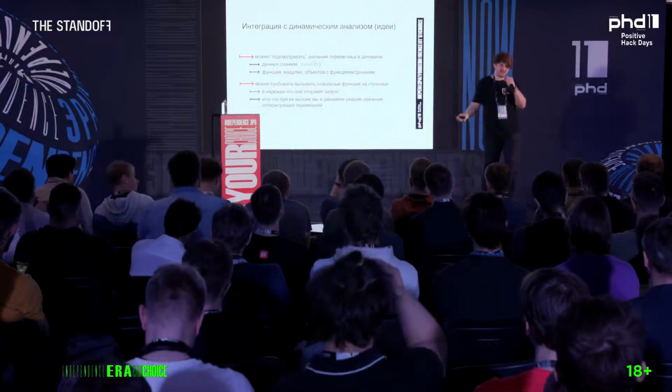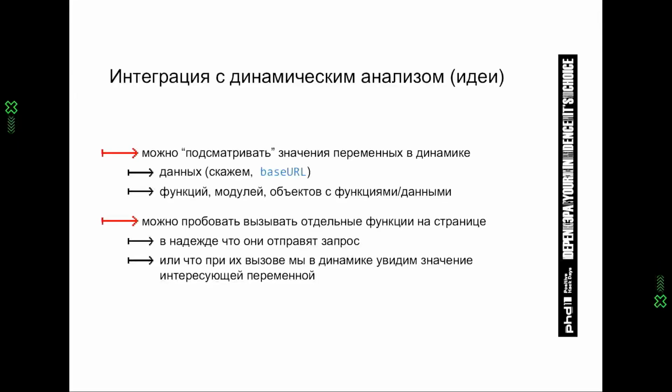Peeking into dynamic. We want to know the value, but it's difficult to analyze statically in JavaScript. What can be done? We can analyze this code dynamically. If it has been executed, then in the debugger, we could check what was the value in dynamic at that point of time.